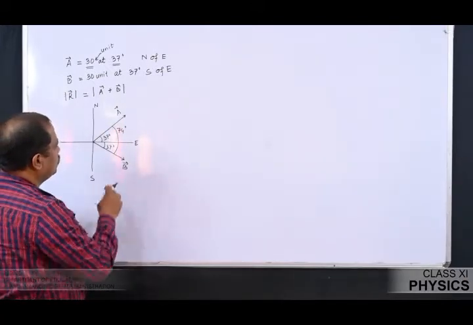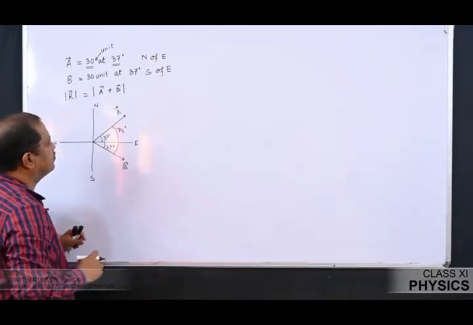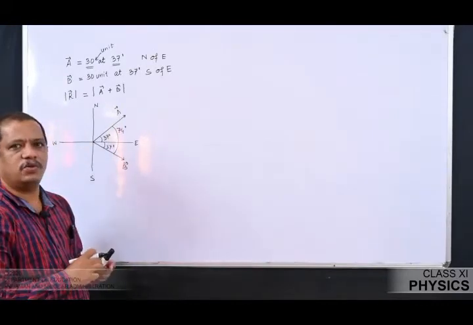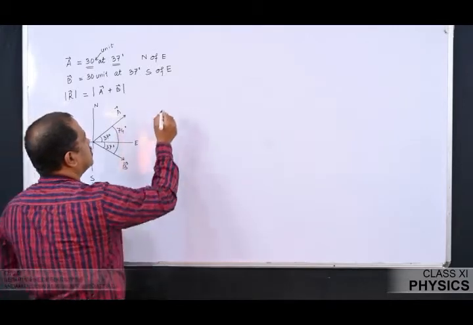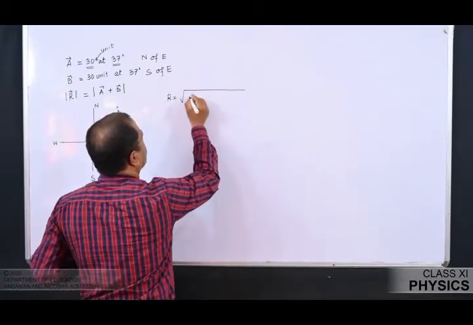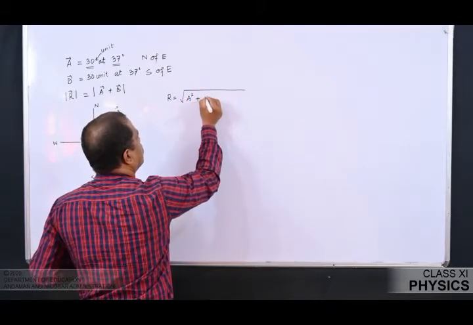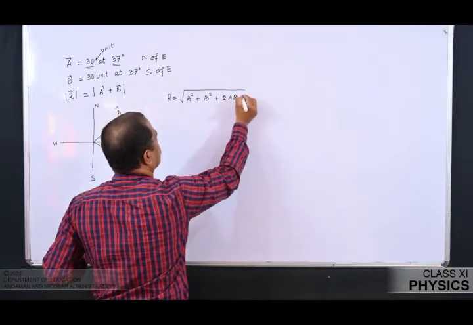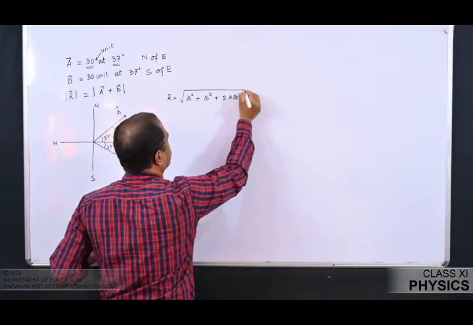Now I want to find the sum of these two vectors. To find the sum of the two vectors, once again I am going to use the same formula. Magnitude R will be equal to square root of A square plus B square plus 2AB cos theta.